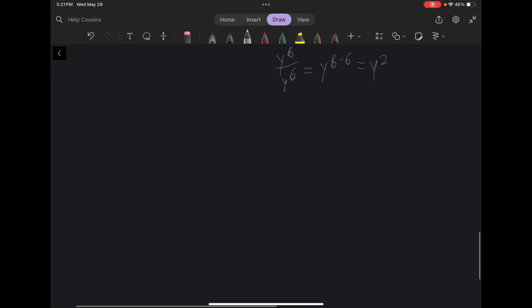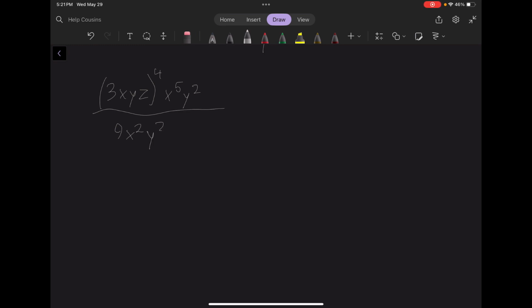And then we'll just do one more example. A bit tougher, this one. We have 3 times x y z, all to the 4th. Then we have that times x to the 5 times y to the 2nd, all divided by 9 times x squared, y squared, z.